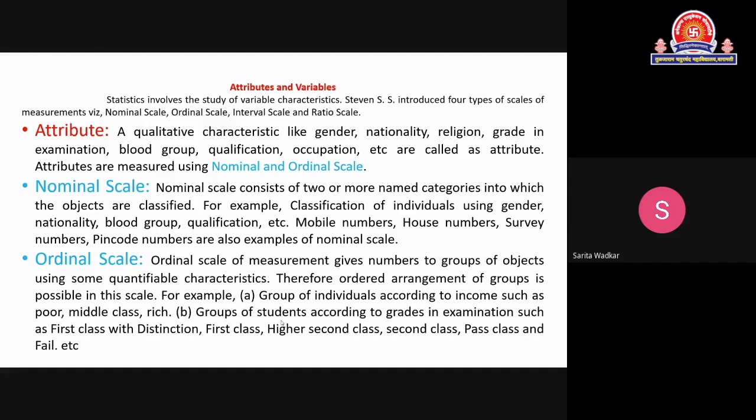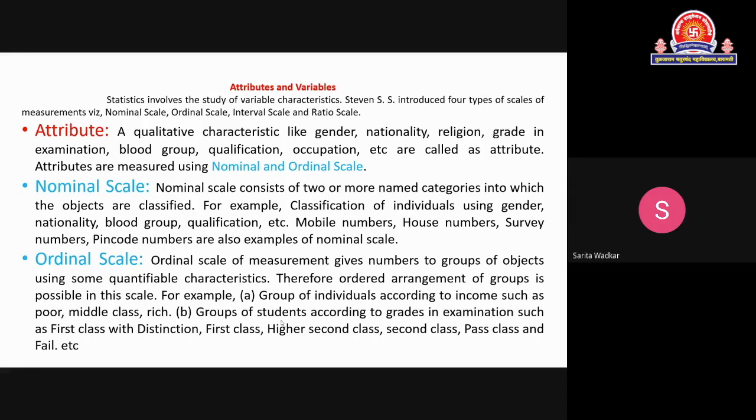So what we understand from nominal scale is that there are named categories into which the objects are classified. More examples we can say: mobile numbers, house numbers, survey numbers, pin code numbers are also examples of nominal scale.